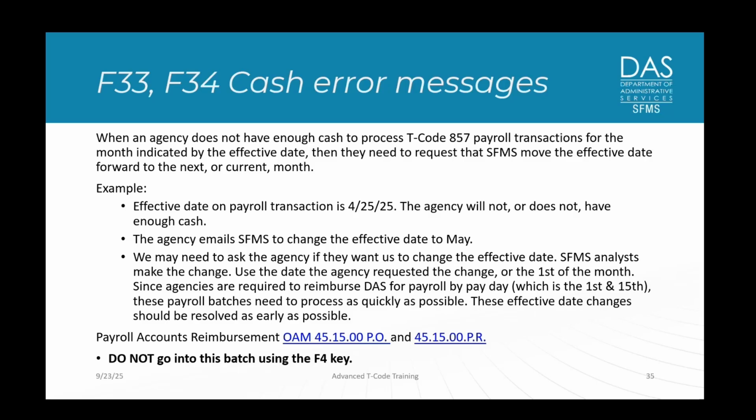If that happens and you notice the user's ID is stamped on the payroll batch, please request your SFMS analyst to resave the transaction and release it for you. You can again review the OIM 4515 to get a better understanding of the agency's responsibilities about payroll batches.